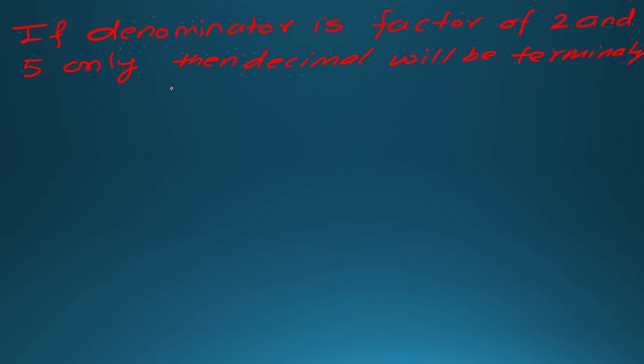We will see it again by an example. For example, if I say 6 over 200, we are not going to do the long division, but I want to draw your attention only to 200. So 200 can be written as 2 multiplied by 100. 100 further can be written as 2 multiplied by 50. 50 can be further written as 2 multiplied by 25. 25 can be written as 5 multiplied by 5. I am sure you know about exponents, for that I have made a separate video.